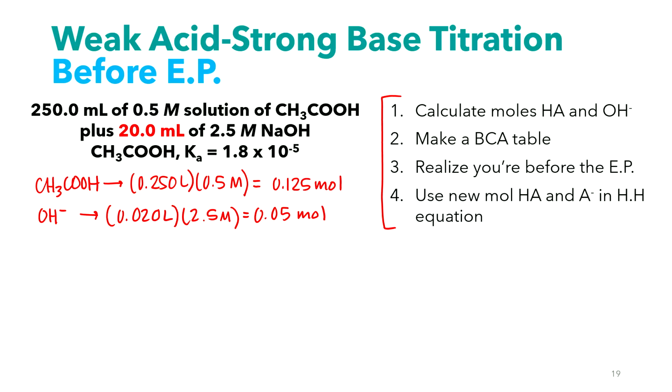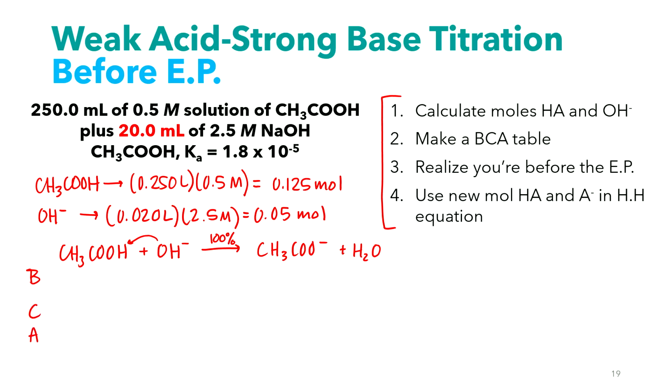I'm going to put that into a BCA table. I know that CH3COOH, when I add in OH minus, a strong base, 100% of the time we're going to think about it grabbing that H and making CH3COO minus, and of course some water, but we don't care about the water. So we've got 0.125, 0.05, and 0.